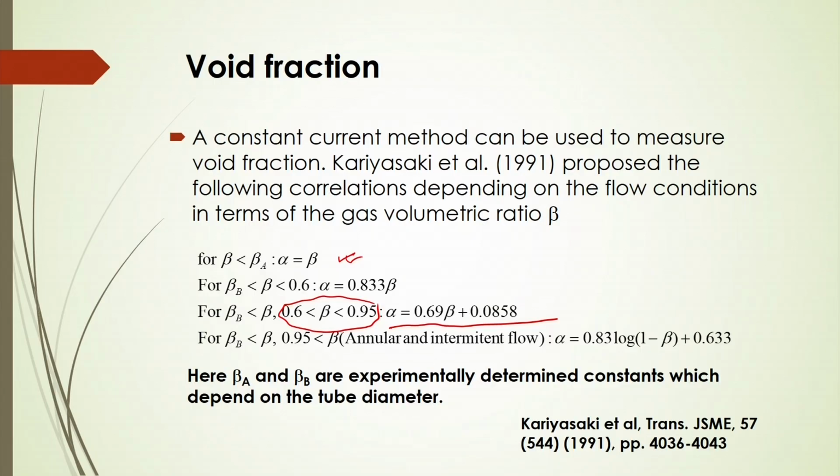Even if your volumetric ratio beta is more than 0.95, in that case you can predict the void fraction by the correlation given by Kariyasaki et al. in 1991. So, these correlations are very useful to calculate the void fraction if you know the gas and liquid flow rates in your operation.